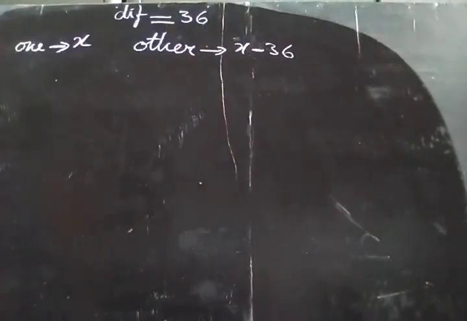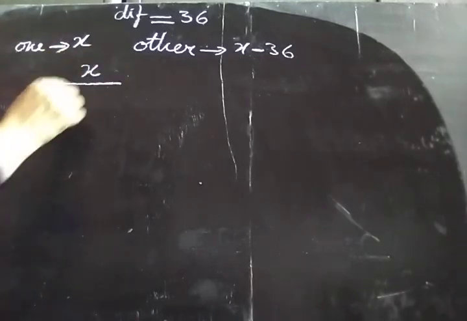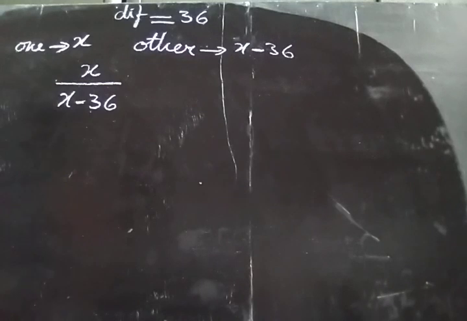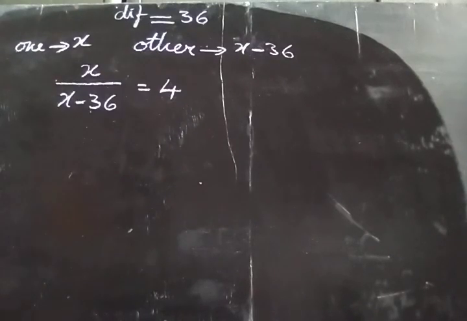Now one number is divided by the other number. So x by x minus 36 is equal to 4. The result is 4. Understood?